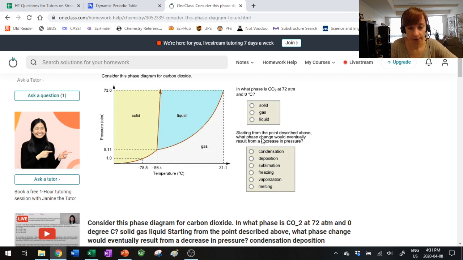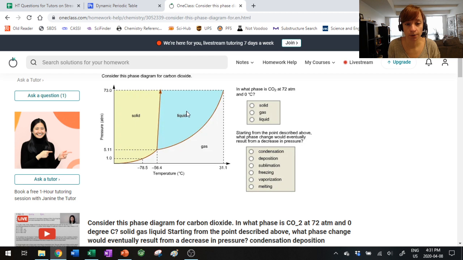Then the following question, starting from the point described above, what phase change would eventually result from a decrease in pressure? So if we went decreasing pressure from 72 atmospheres, but still at 0 degrees Celsius, it would fall down, it would go from a liquid to a gas.